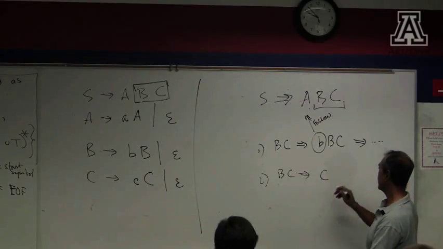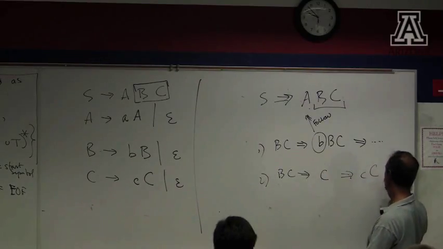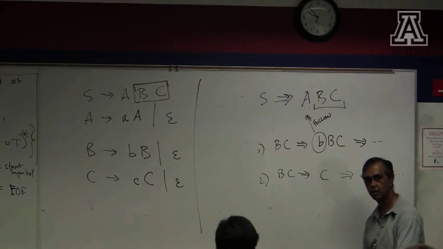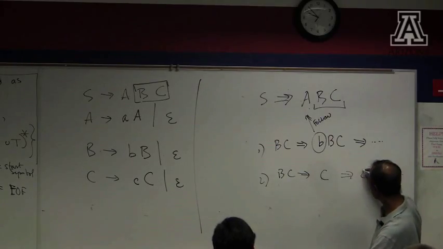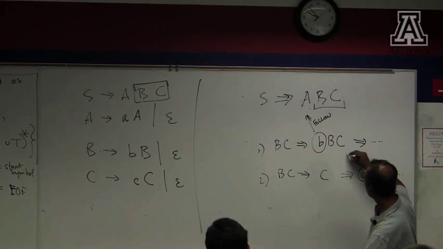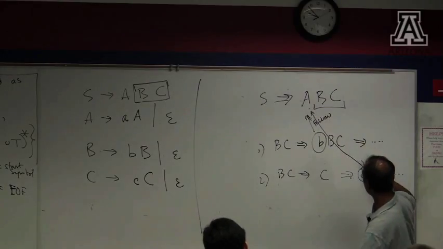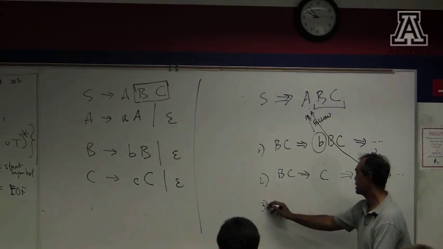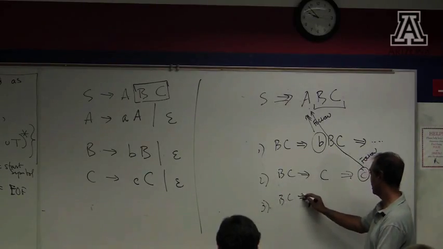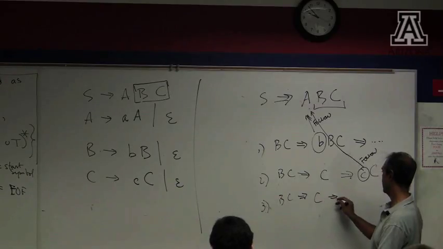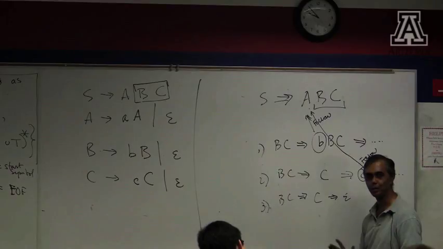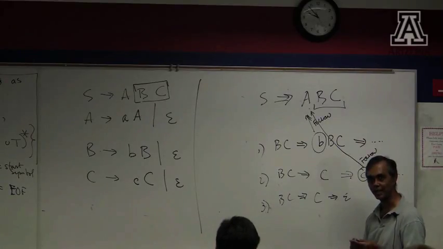Goes to C, which goes to CC, and so on. Which means that this one is in the follow set. And there's a third possibility, which is that BC goes to C, which goes to epsilon. And we have to contend with that, and I'll hold off on that for just a second.